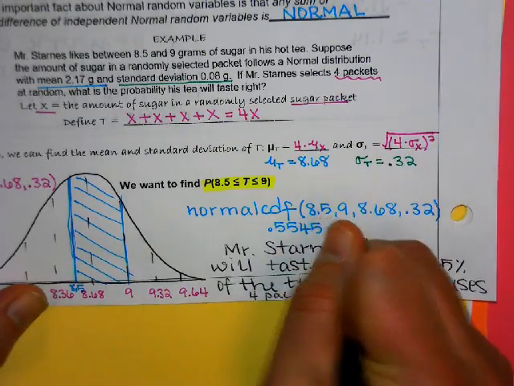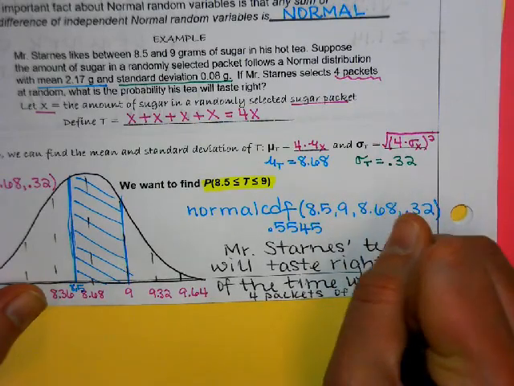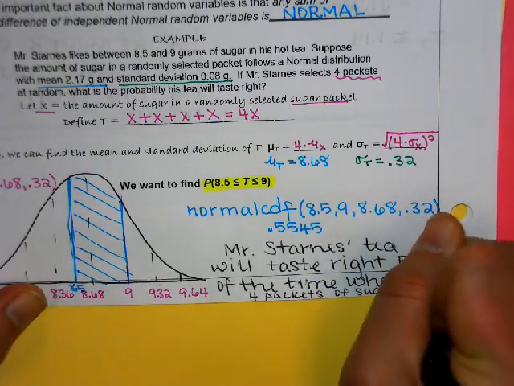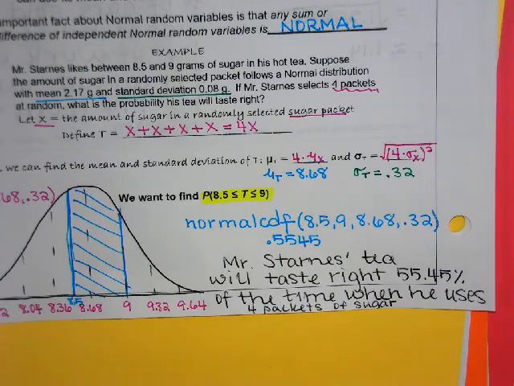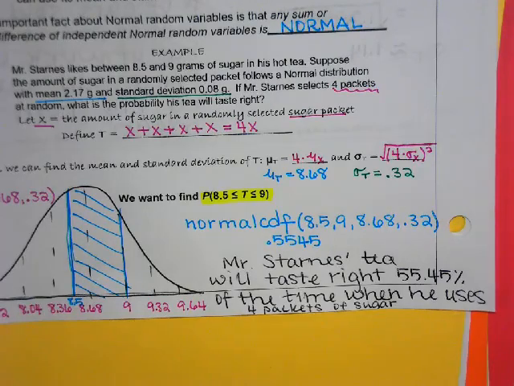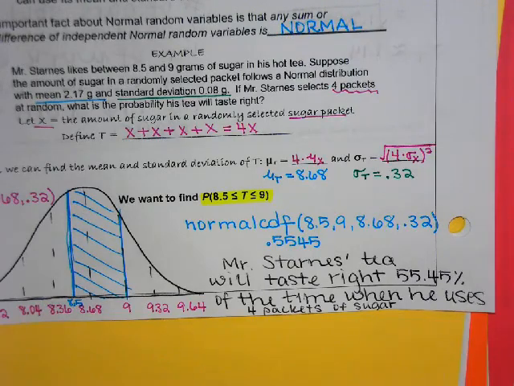Wouldn't it not be a normal curve because of the chance of there being an empty packet because they just didn't put sugar in? Why would there be an empty packet? Because like the factory that makes the packets of sugar, if one of the packets accidentally doesn't have sugar in it, that would be a giant outlier. Well, wouldn't you just pick another packet then?